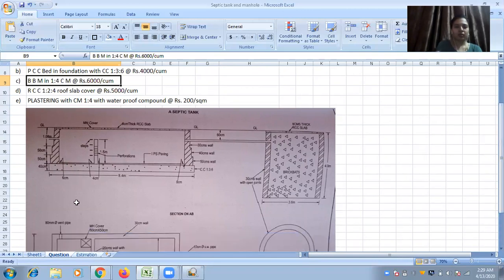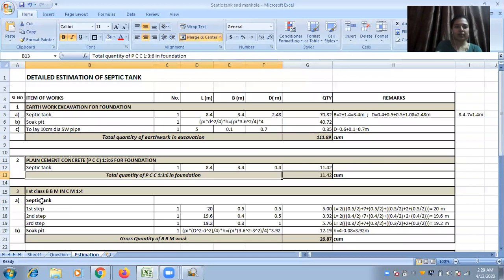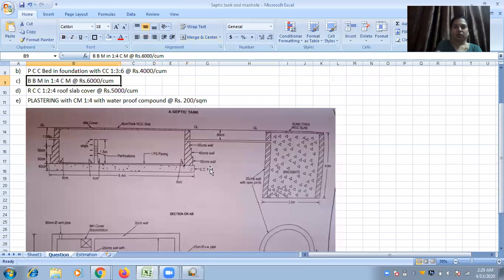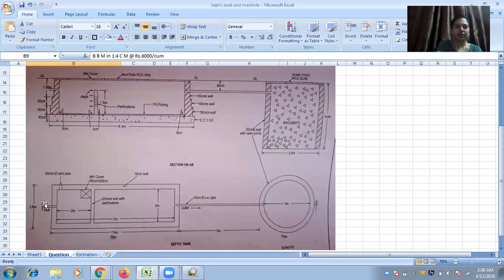Now, for the septic tank first step, we have to calculate the length. To calculate the length, we need the center line length of the septic tank. We have not calculated the center line length, so now we need to. Length is, here you have 7 meters and here you have 2 meters.